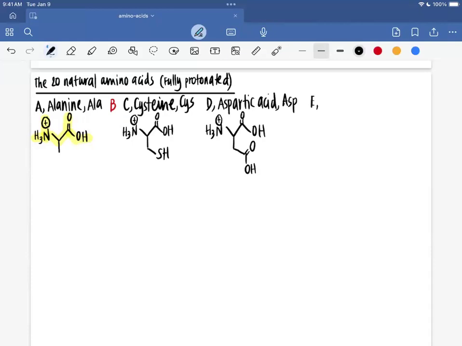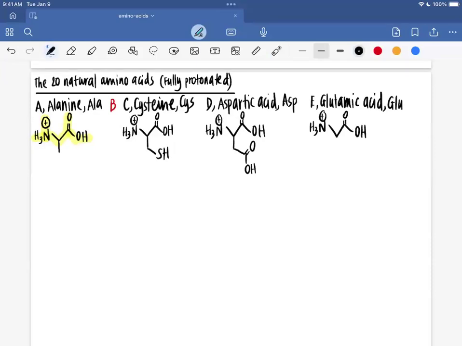E is for glutamic acid. And it has three-letter code GLU, which some people like to remember the three-letter code and single-letter code because they represent the word glue when you put them together. As its name suggests, we're also going to see a carboxylic acid in its side chain.